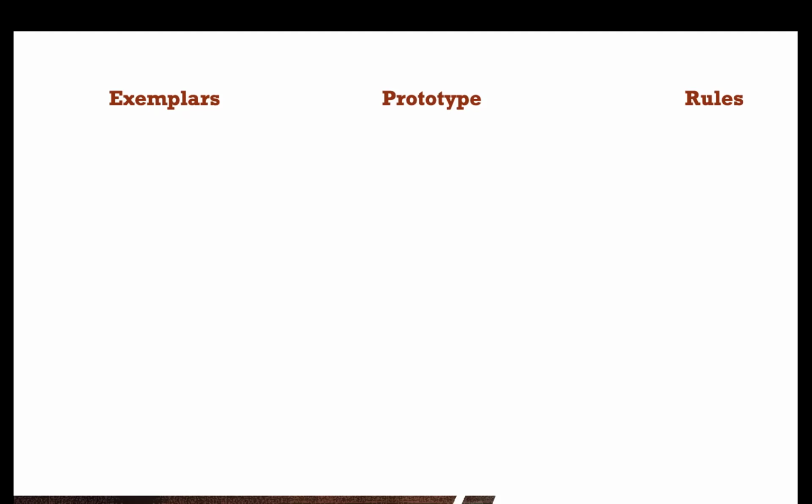The second part is, once the model gets these specific inputs, how does it create an internal representation that can be used to compare to new stimuli? We've seen that the exemplars will tend to keep everything in. We've seen that the prototype will have a moving average of the different properties of the stimuli.